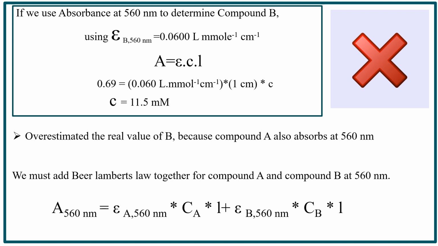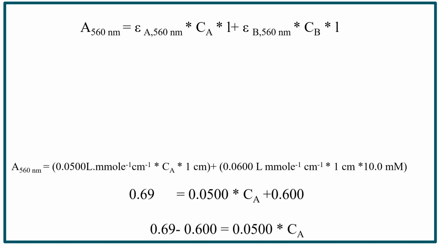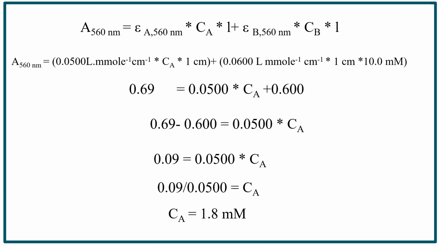That is, the absorbance at 560 nanometer is equal to epsilon A at 560 nanometer times concentration of A times path length, plus epsilon B at 560 nanometer times concentration of B times path length. In this equation we can substitute all the values we obtained from the absorption spectra.